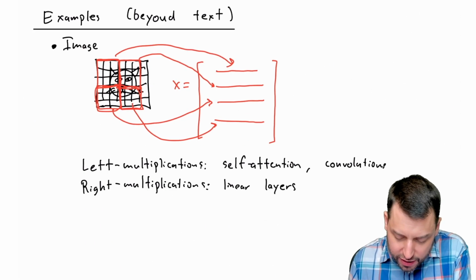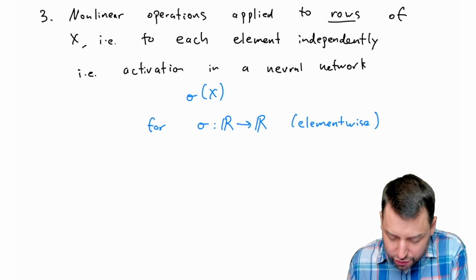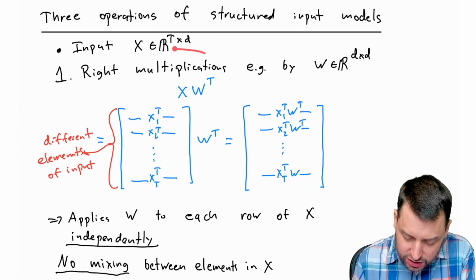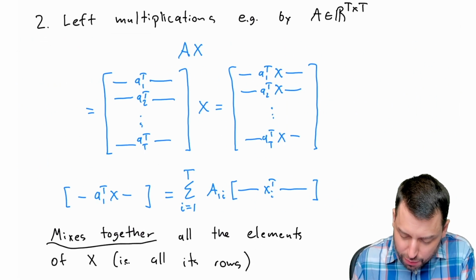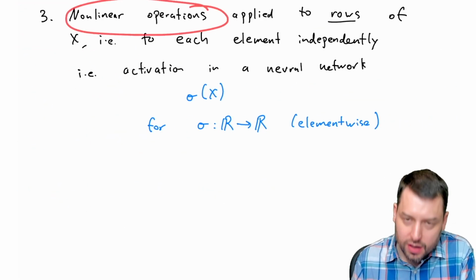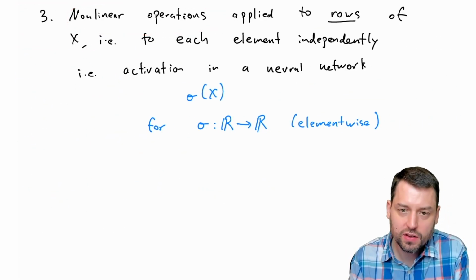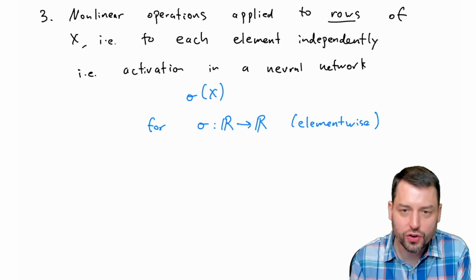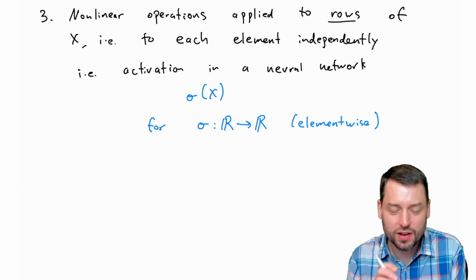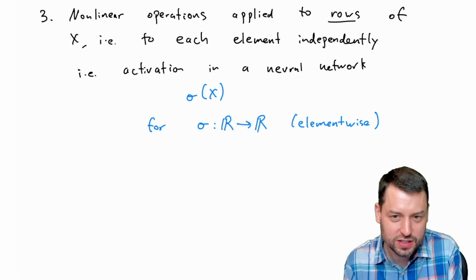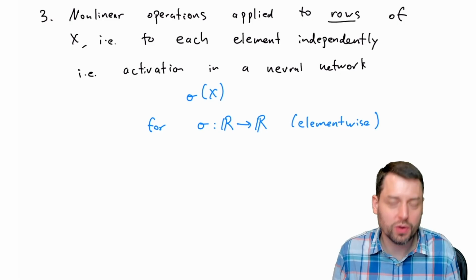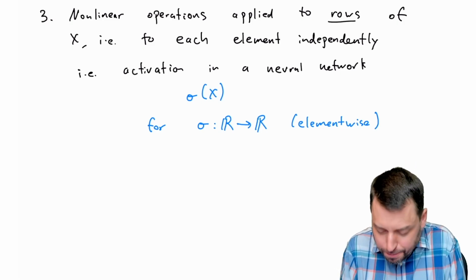And so this basic setting of a structured model with these three ingredients, right multiplications, left multiplications, and nonlinear operations, really is the basis for all modern neural networks that process real structured inputs. This is, in fact, every neural network you really will use in practice.